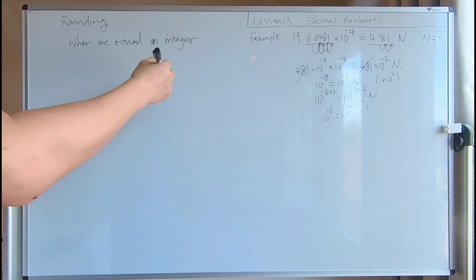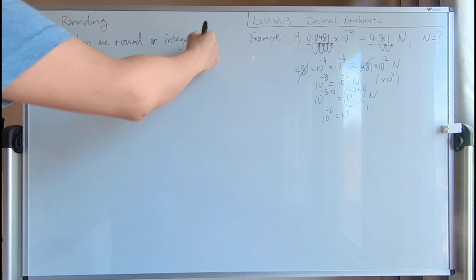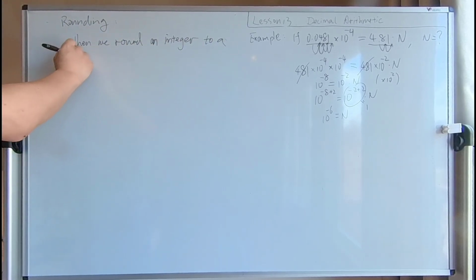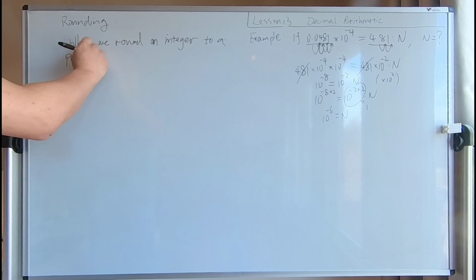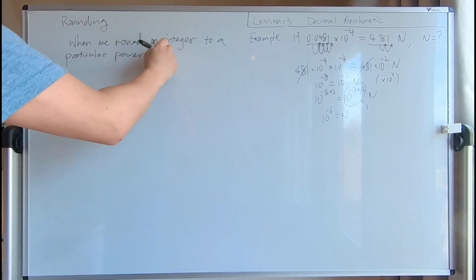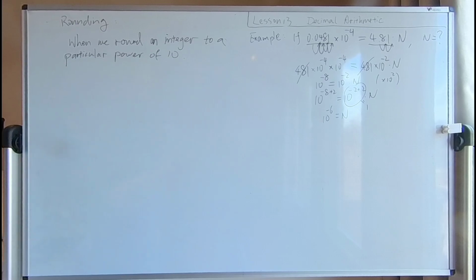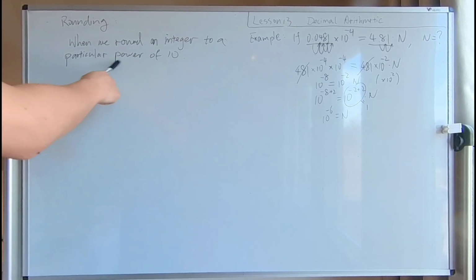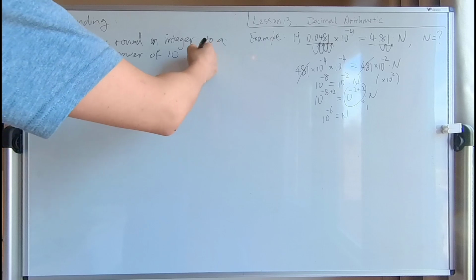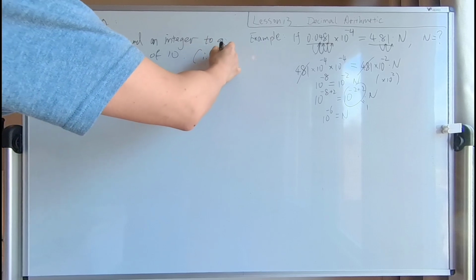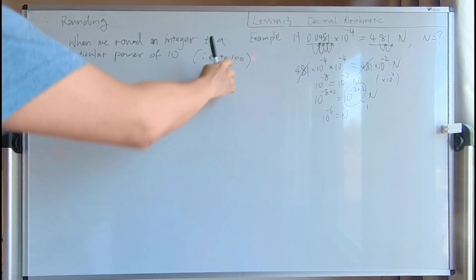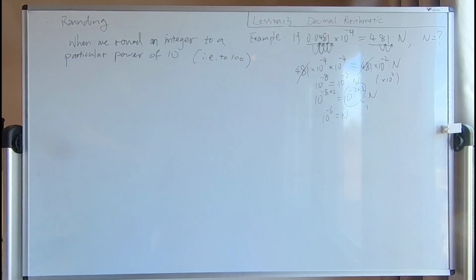So if we want to round an integer to a particular power of 10, again, because we're all within the base 10 system, we're rounding to a certain power of 10. For example, rounding to hundreds is a power of 10.